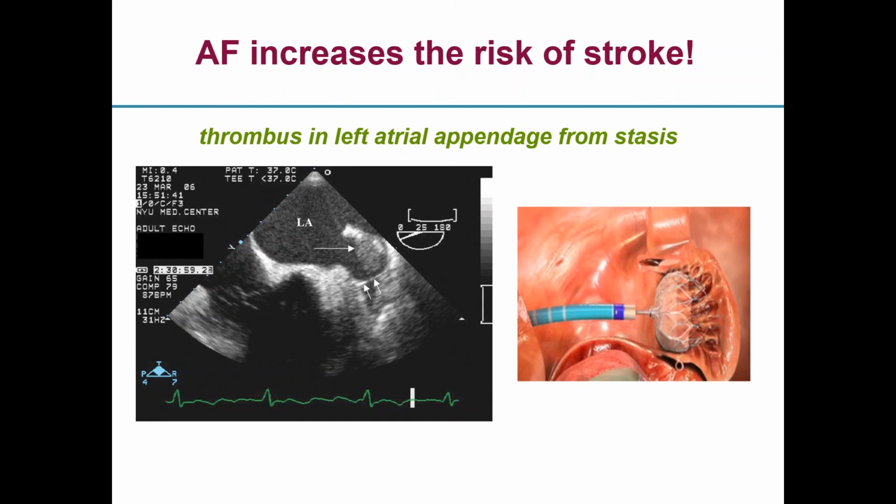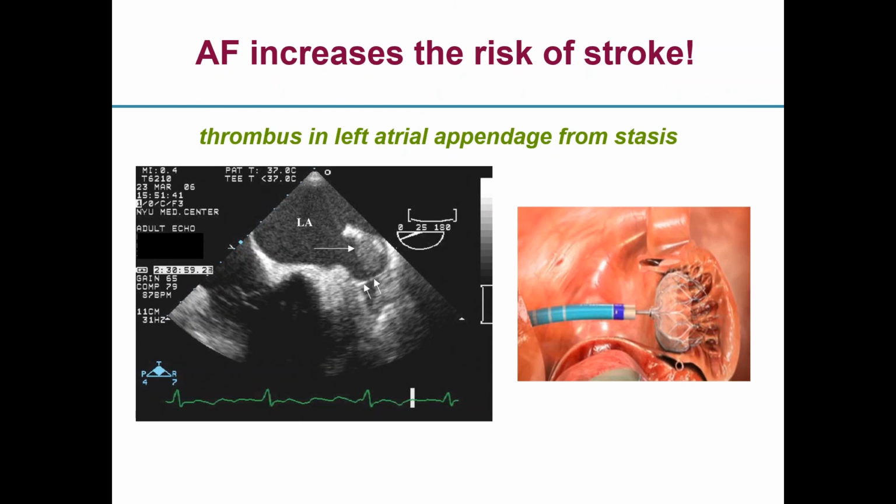So this is looking at the atrium from the esophagus forwards, and that's predominantly the reason why there's a risk of stroke. Interestingly, the blood clot tends to go to most other parts of the body without causing too much grief, but if it goes to the brain, it can cause a lot of grief, and we know that strokes related to atrial fibrillation have a much higher probability of being disabling than other strokes.